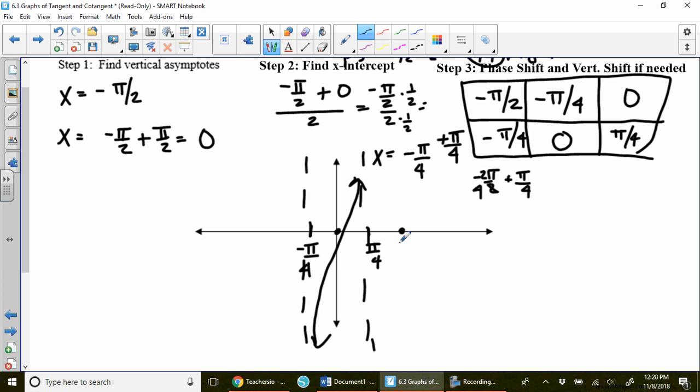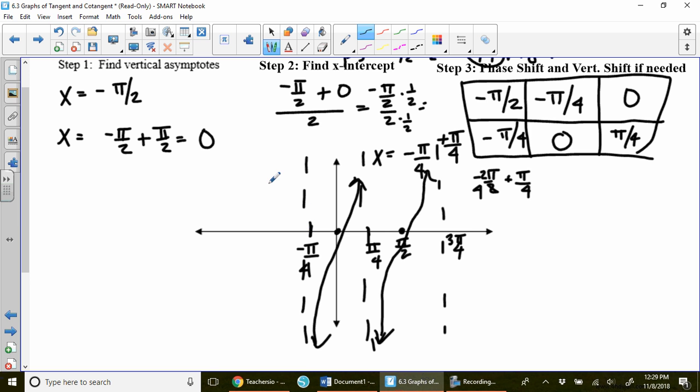So that's going to happen at 2 pi over 4, which is the same thing as pi over 2. And my next vertical asymptote is going to happen pi over 4 away from that, which is 3 pi over 4. So if you have to graph another period, just use the increments that these are going up by. Once again, forgive me for not getting through the 0. And there is your cotangent function.